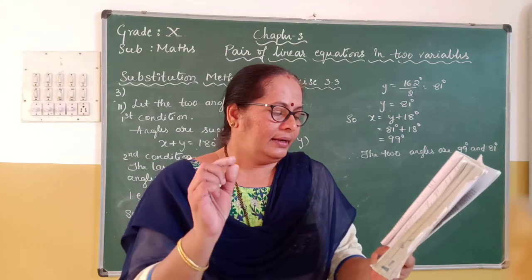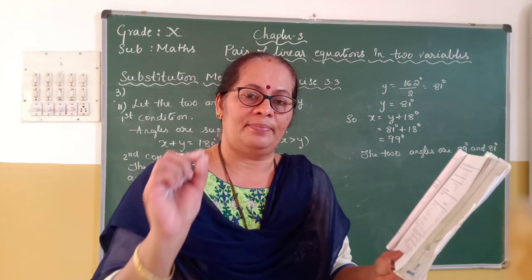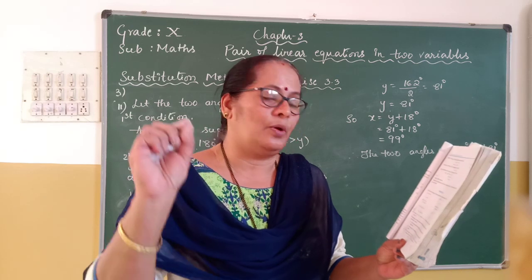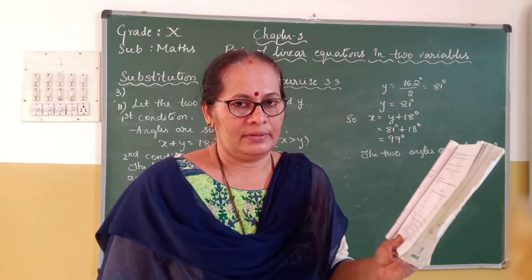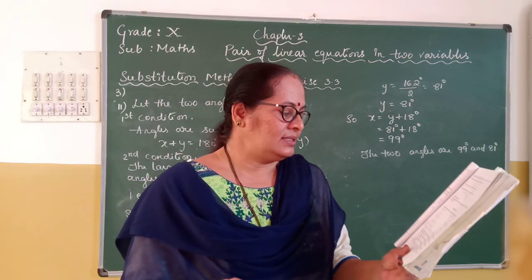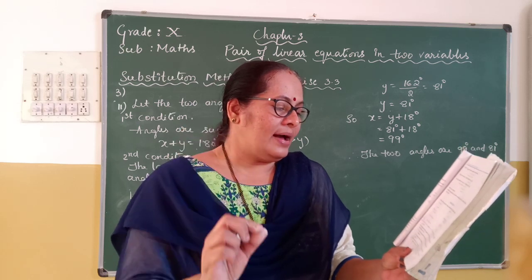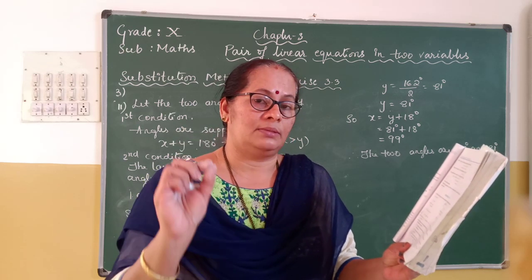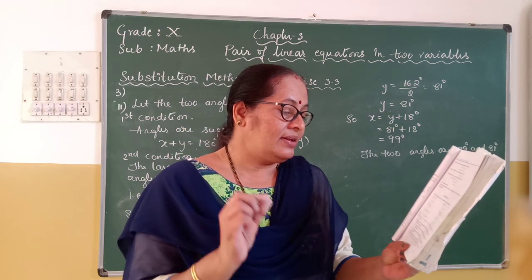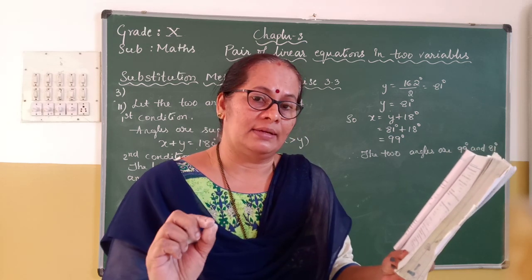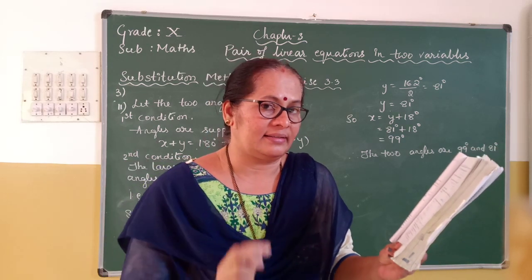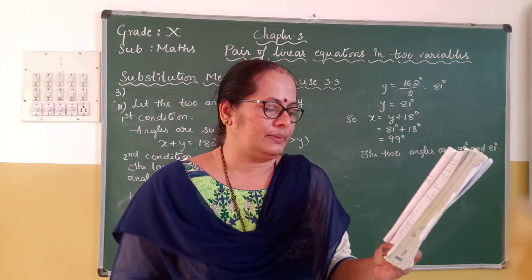So take the cost of a bat as x and the cost of a ball as y. So the first condition is the team buys 7 bats and 6 balls. That is 7x plus 6y equals 3,800.